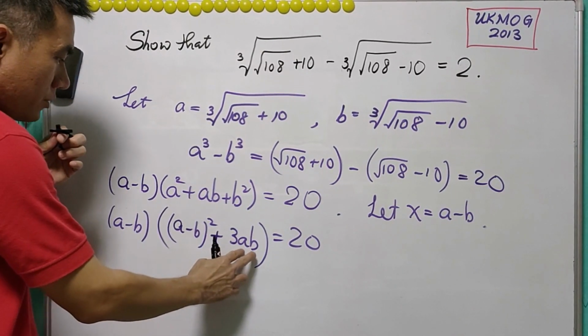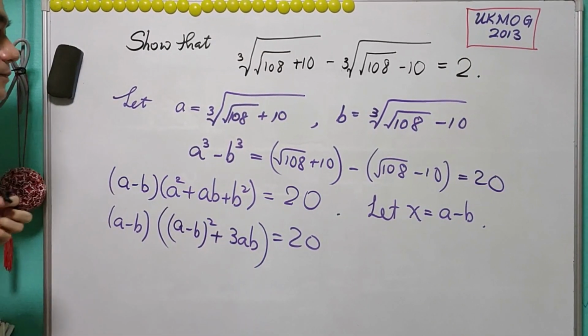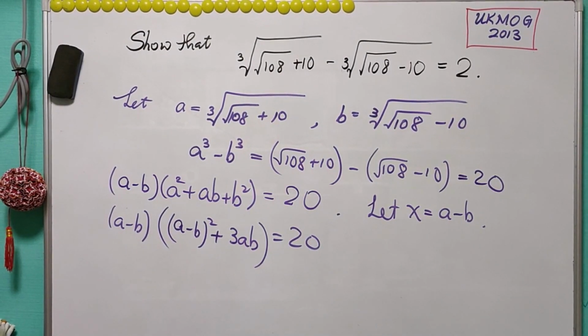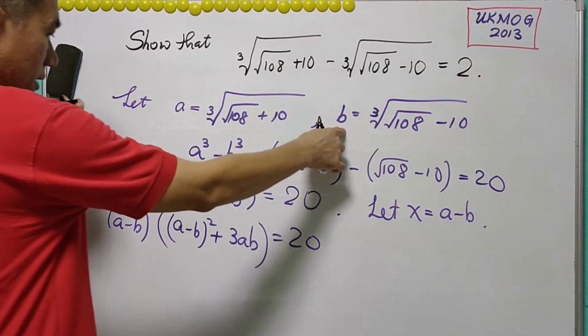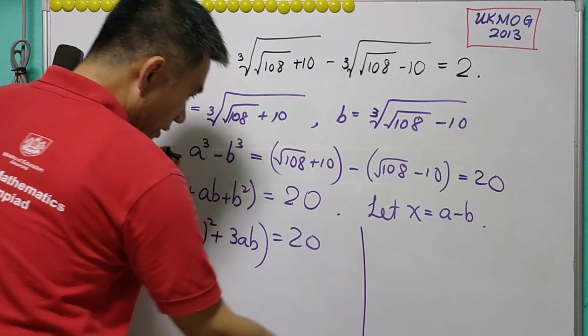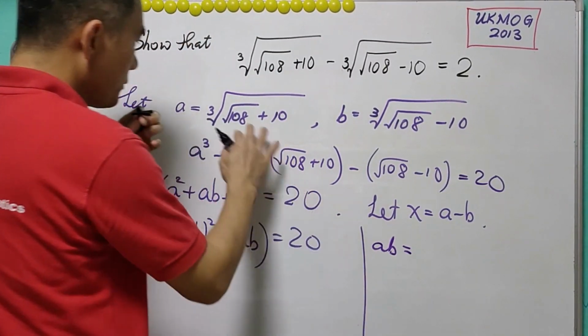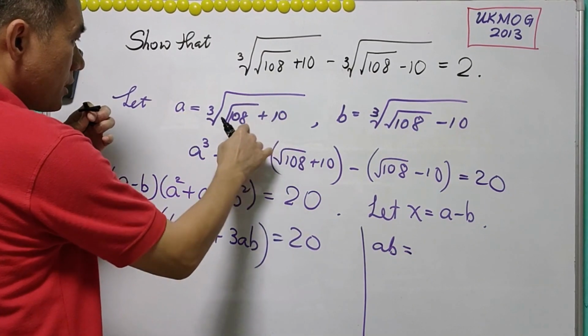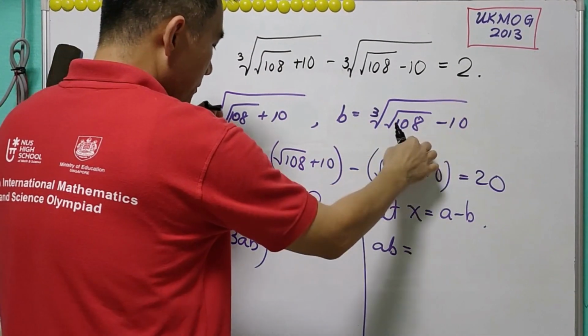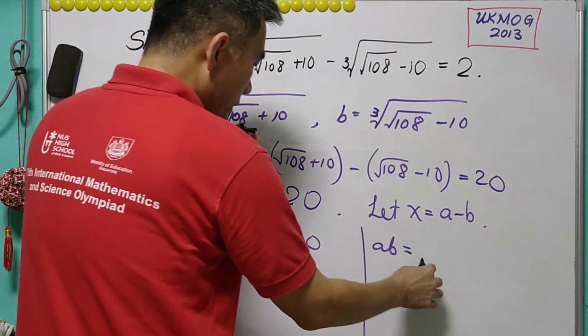We still need to find out the value of AB. The value of AB can be obtained from here. So AB will be equal to the cube root of this term times the cube root of this term. So we can combine the cube roots.